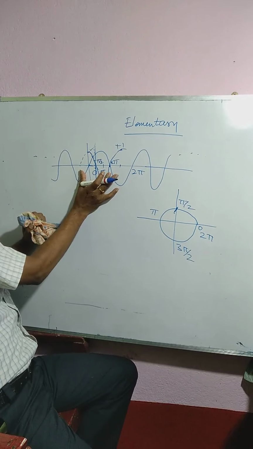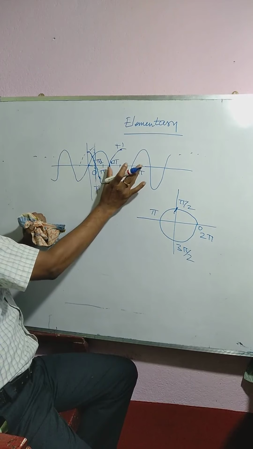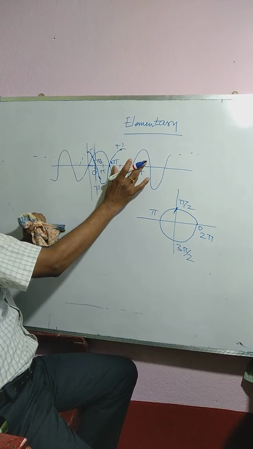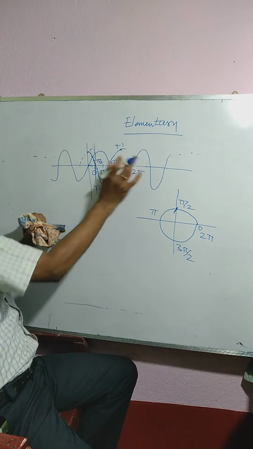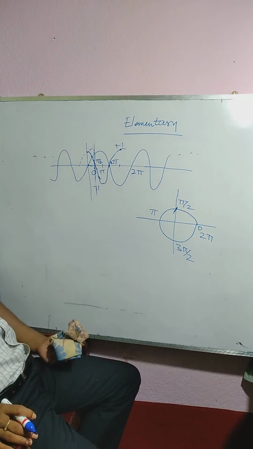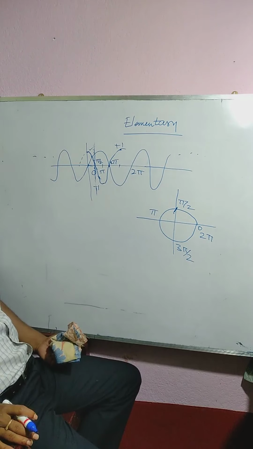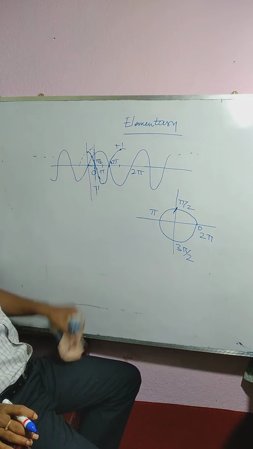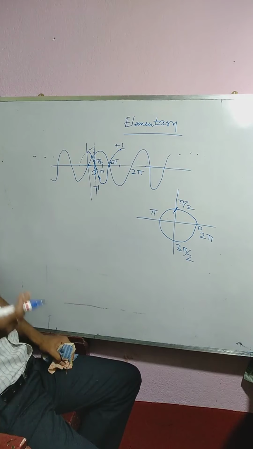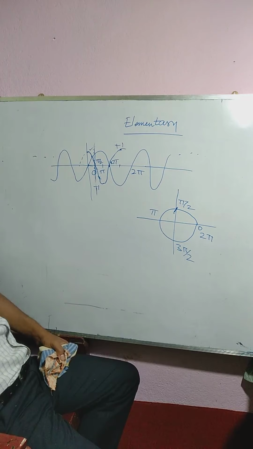If we consider from here, the phase is changed and the waveform is like the sinusoidal signal. Therefore, cosine and sine waveforms are similar, with just a phase difference.